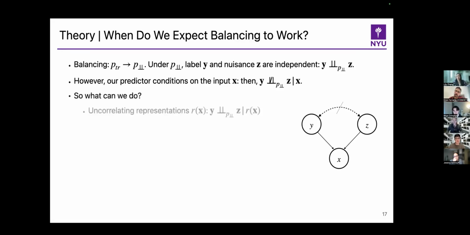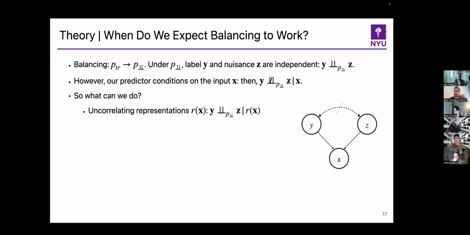We find in our work that in particular, when this independence does not hold, balancing, or namely learning P of Y given X under this new distribution, can perform poorly, in fact, worse than even performing without any covariates at all, under certain test distributions where our relationship between Y and Z has changed.